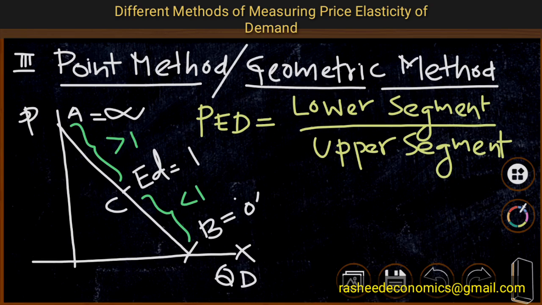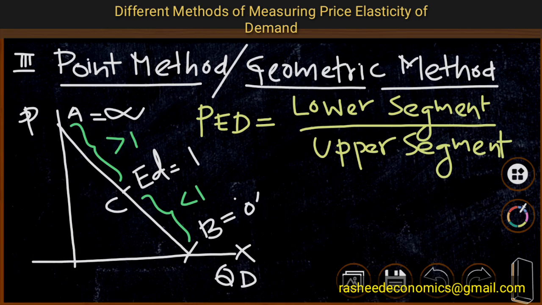That is, on a straight line demand curve where it touches both the axes, at the midpoint elasticity will be equal to 1, above the midpoint elasticity will be greater than 1, and below the midpoint elasticity will be less than 1. When it touches the quantity axis elasticity is equal to 0, and where it touches the price axis elasticity is equal to infinity.